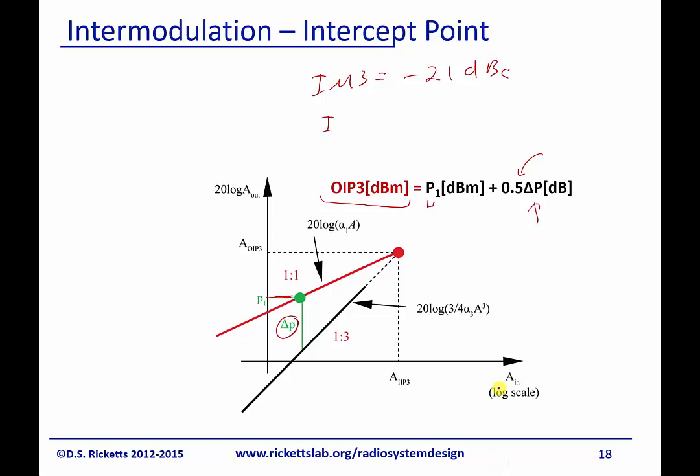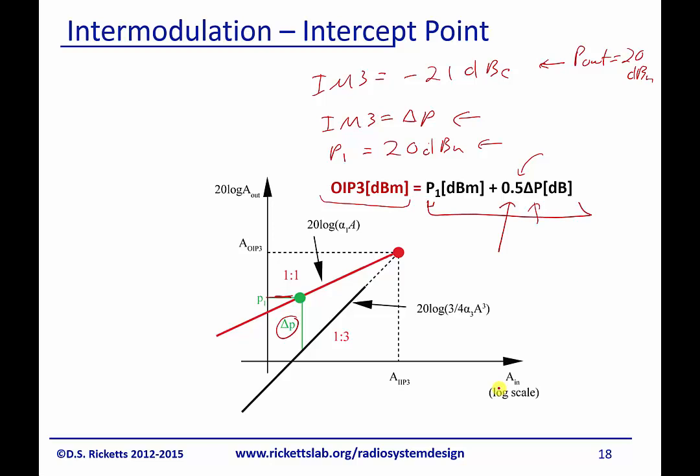Well, IM3 is equal to delta P, at P1, and as we said before, I've got to tell you where this is at. I can't just give you a number. When Pout equals 20 dBm, this is just an example. So P1 equals 20 dBm. So I've got P1, I've got delta P, here's my formula.